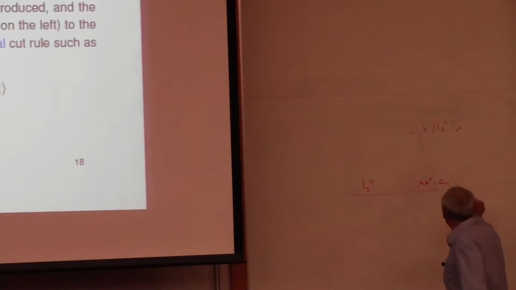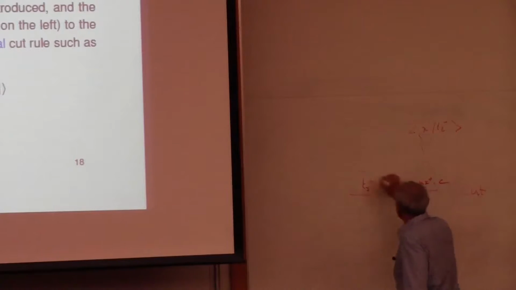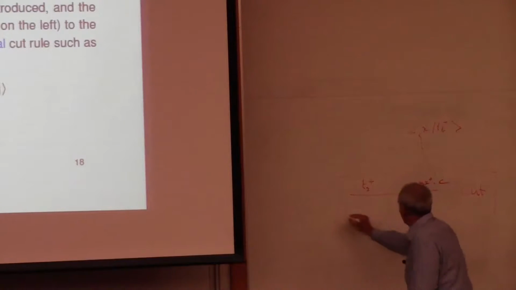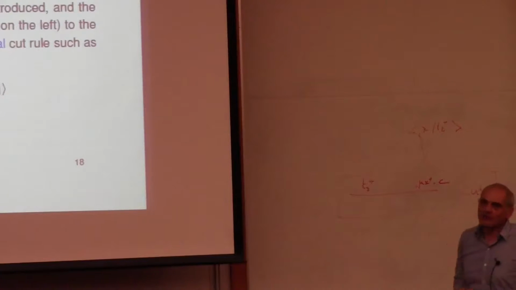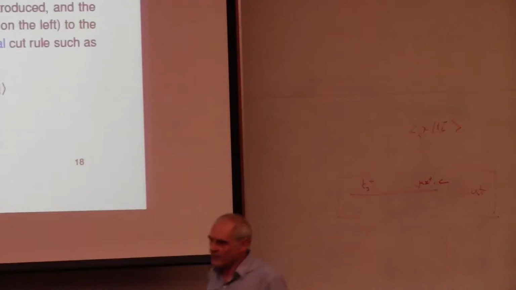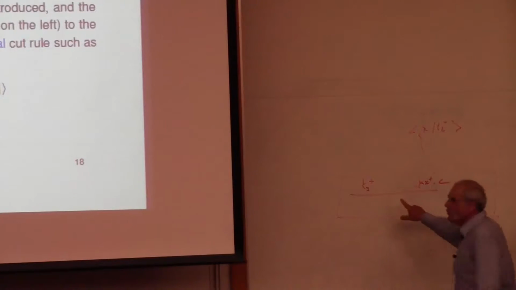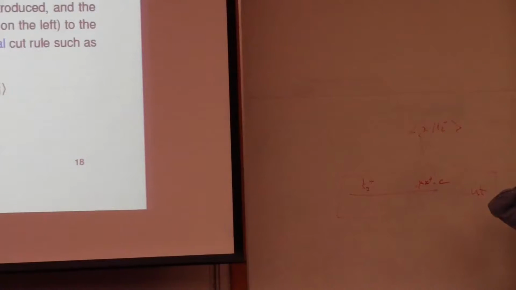So here's your cut, which you want to eliminate. In sequent calculus, this case is known as the commutative cut rules.